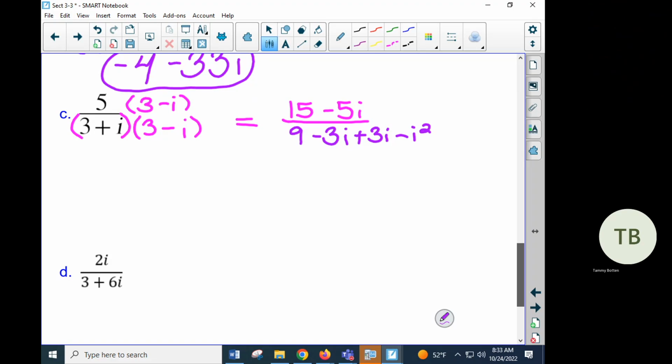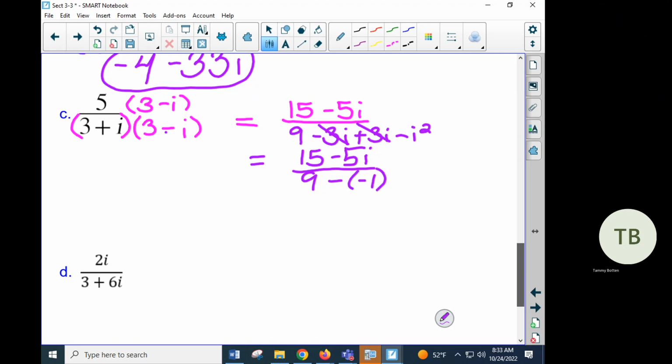Now notice these two are the same exact thing except for the sign, so our middle two terms should cancel out. Okay. So I get 15 minus 5i on top. And then I have 9 subtract, what do I put in for i squared?